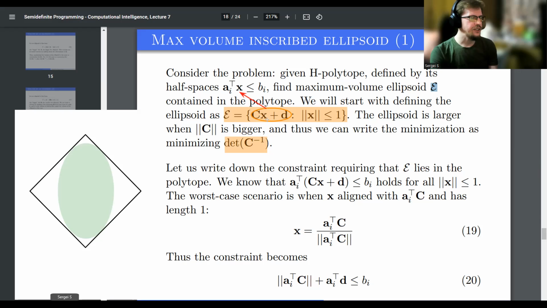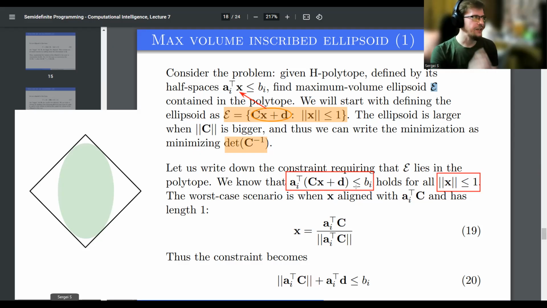We put this Cx plus D inside this condition Ax less than or equal to B, and we get the following. This is the same linear inequality, but this time with all points of the ellipsoid being required to satisfy it. So this should hold for the norm of x less than 1.